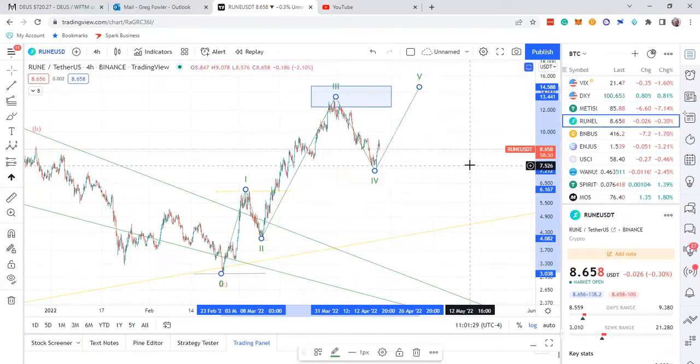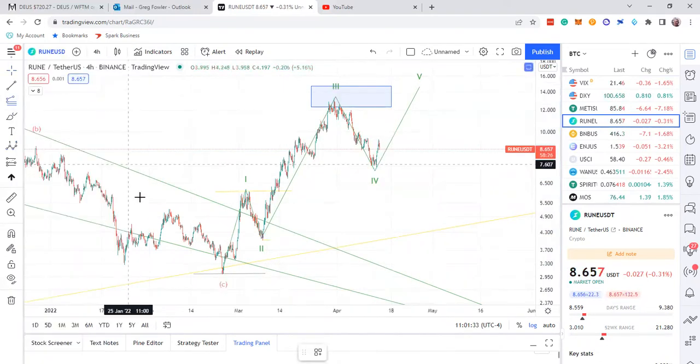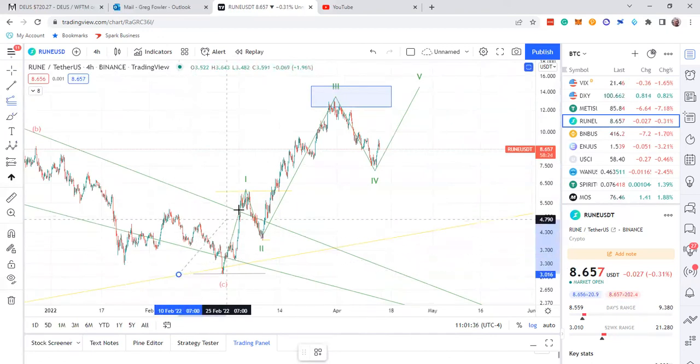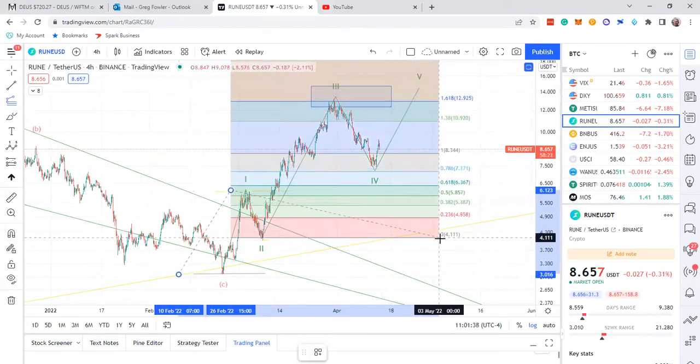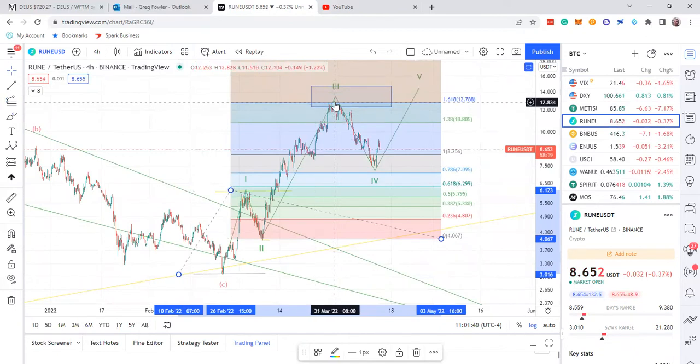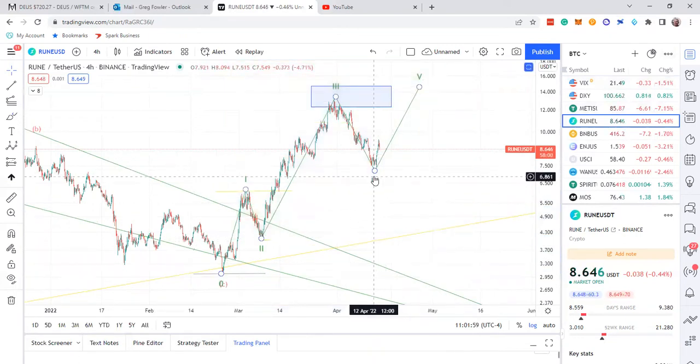And that is possible, because if you take some fib levels, let's see, and go to there, to there. Look at that, 1.618. It hit the third wave target perfectly. And now this over here is supposed to be a 4th wave.